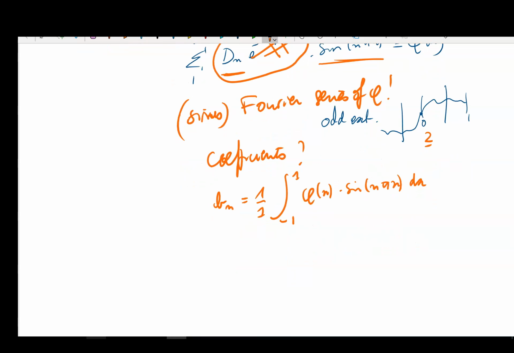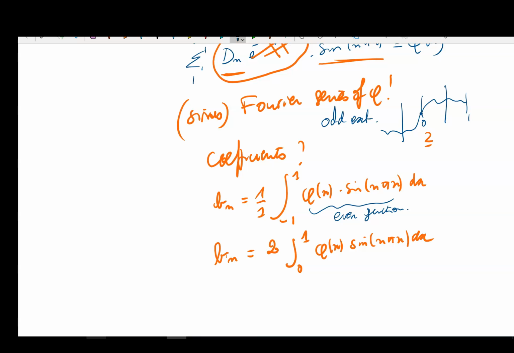And the usual simplification that we do is to say it's just going to be 2 times the integral from 0 to 1 of phi of x sin(nπx). The justification is that this function, as the product of two odd functions, is even, and so the integral on the interval -1, 1 is just 2 times the integral between 0 and 1.